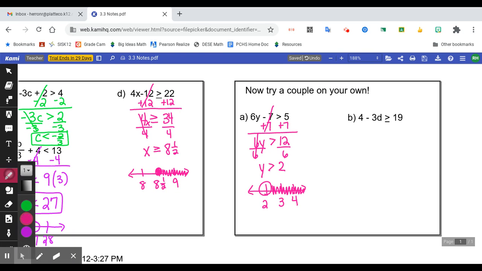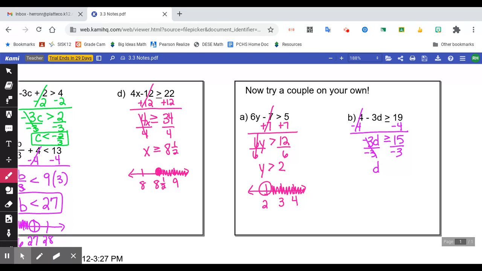Okay, last one. We have 4 minus 3d is greater than or equal to 19. Okay, so 4 is still a positive, so I'm going to subtract it. And I drop down negative 3d because the negative's in front of it. This would be 15. Negative 3 is being multiplied, so I'm going to divide by negative 3. Hopefully you're catching what I'm saying.